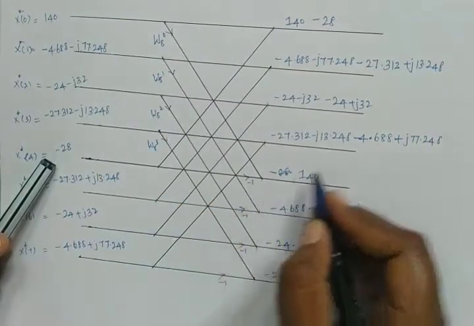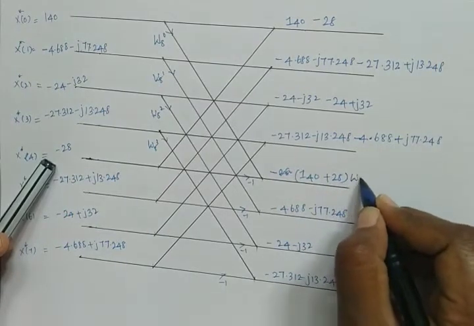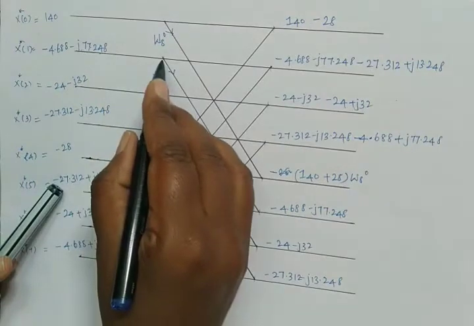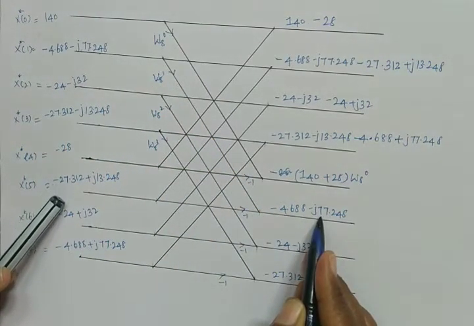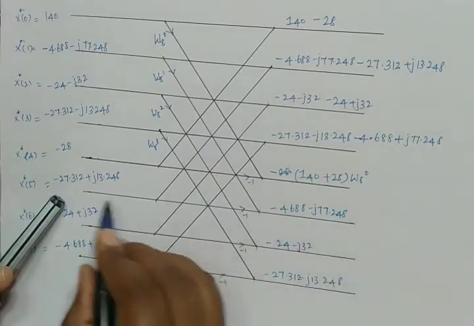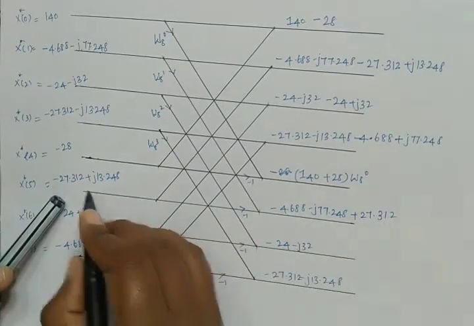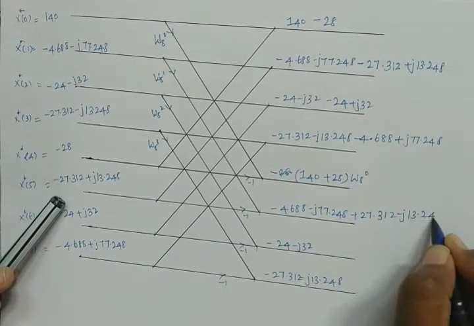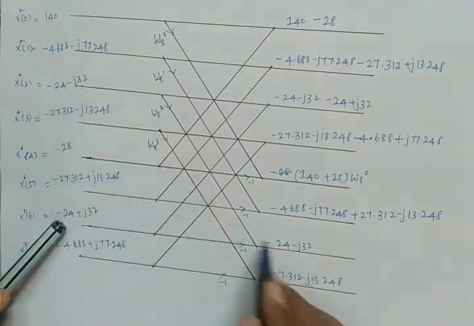So minus 28 into minus will be plus 28, into the output factor W8 power 0. Then the next one, check here: minus 4.688 minus j77.248. And here we have minus 27.312, so minus into minus will be plus 27.312. And plus into minus is minus j13.248. Then the next one, minus 24 minus j32.